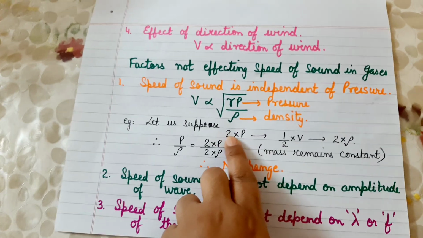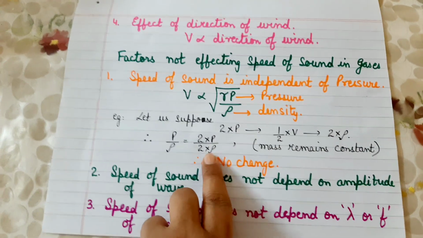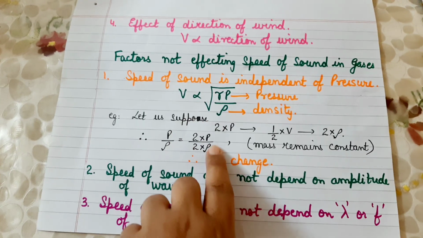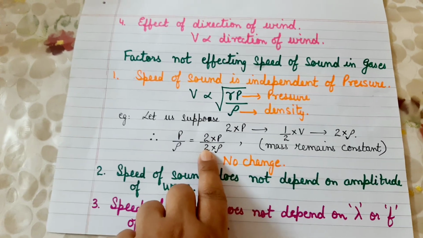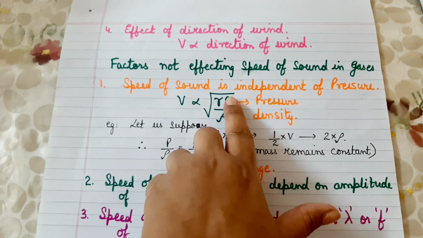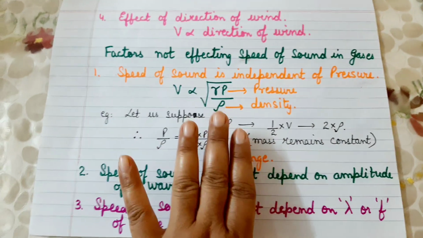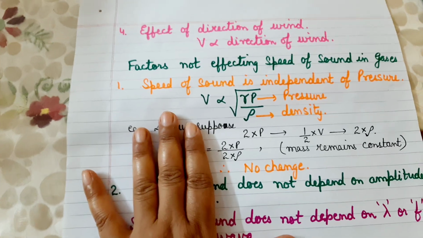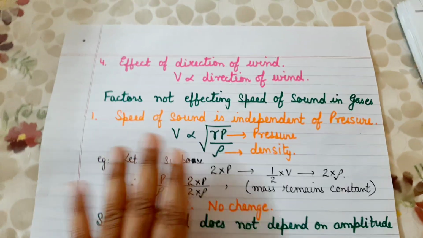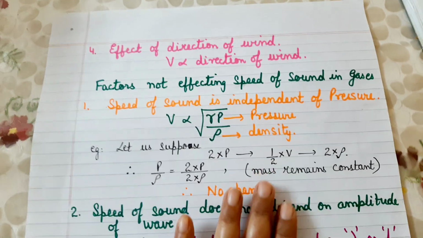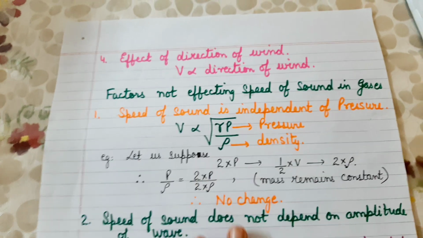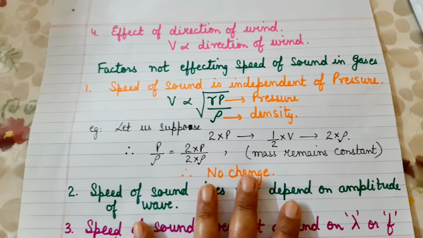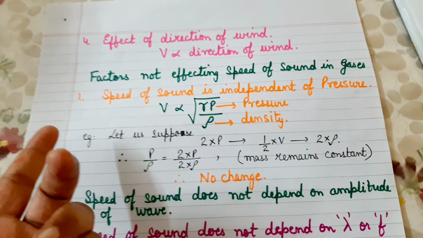So both pressure and density are doubled. What is the conclusion? 2 and 2 cancel, which means the pressure upon density remains constant. So when the pressure increases or decreases, there is no effect on the speed of sound. There is no change. And mass always remains constant.